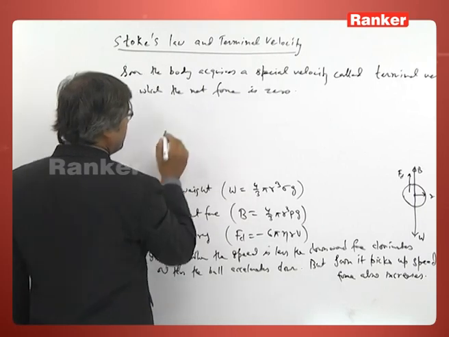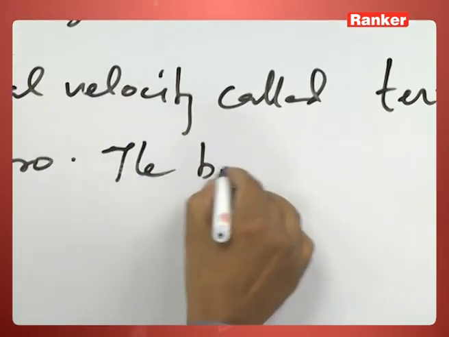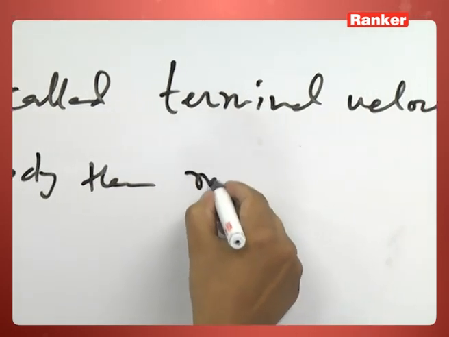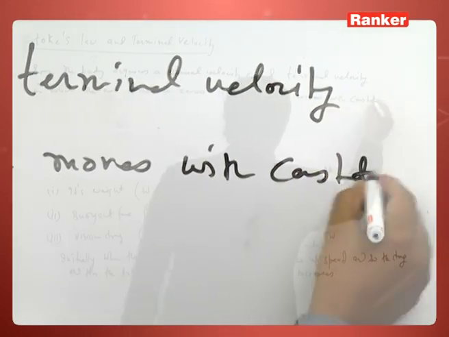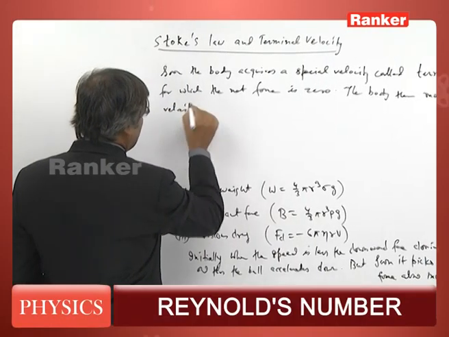So you see, the net force is 0. The body then moves with constant velocity, which is called terminal velocity.